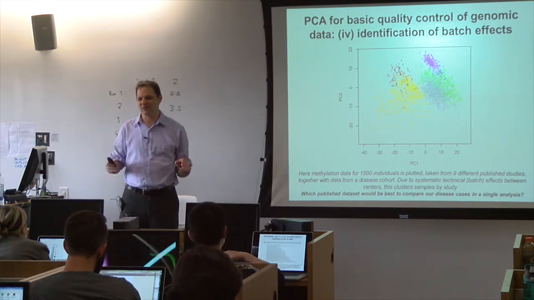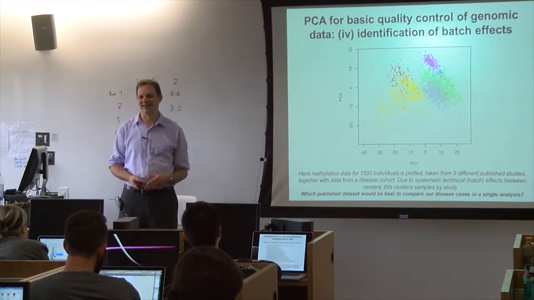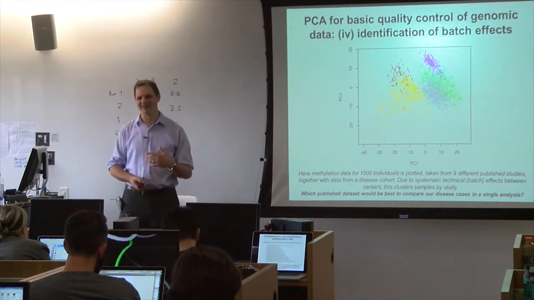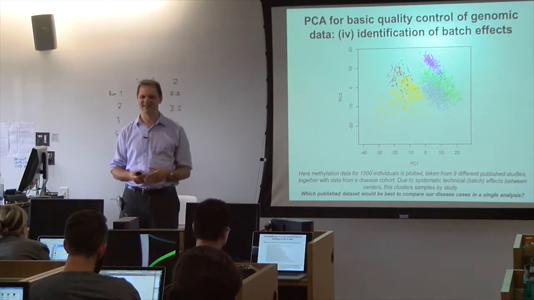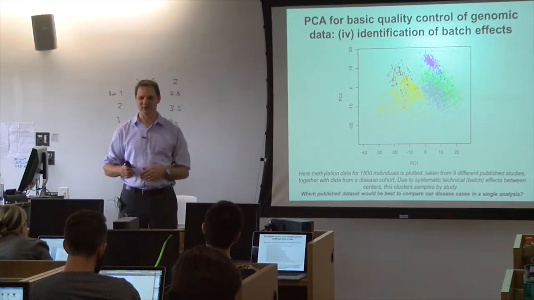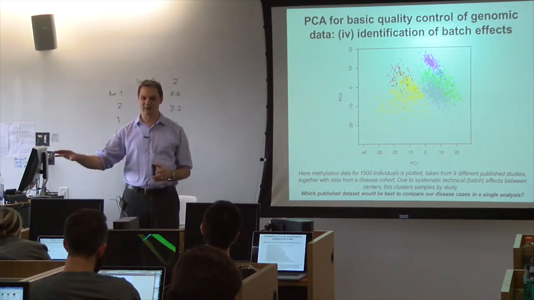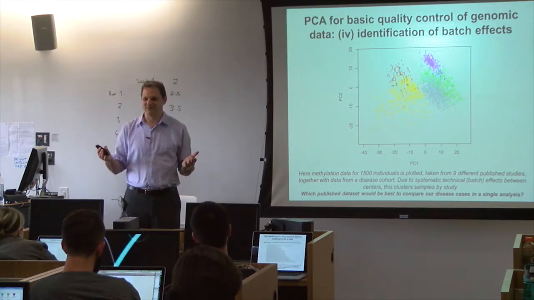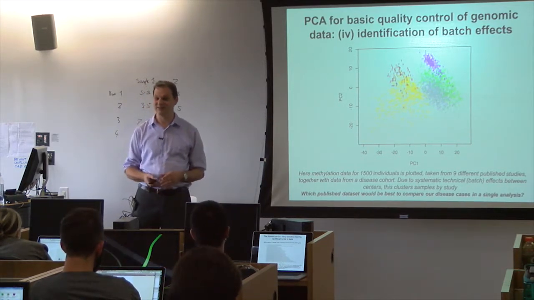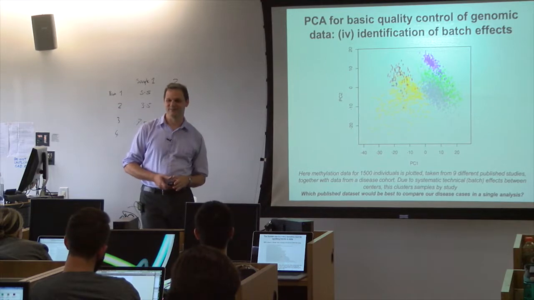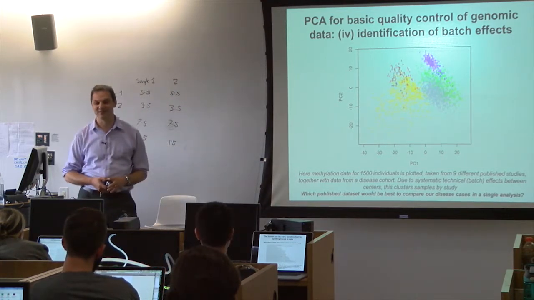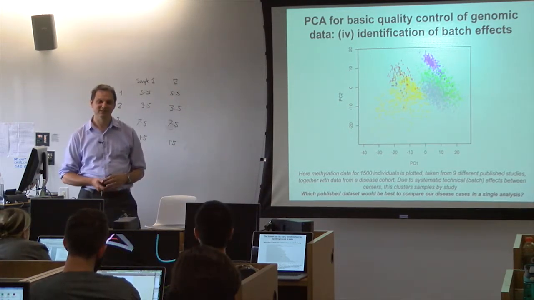Other times it's just, we sequenced them. And it's not until you get the data and dig into it that you can see, oh, your cases and controls are really different, or a third of your samples look totally different to the others, even though there's no reason for that. Probably they were run in a different batch. So yeah, it's a really important issue.